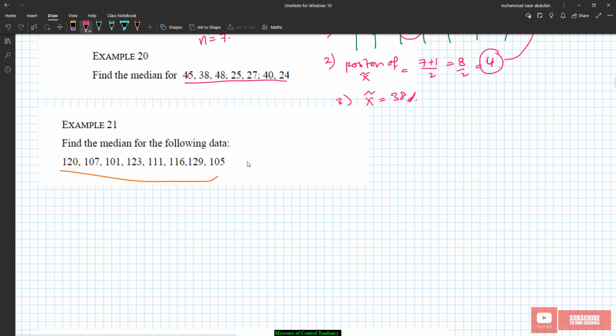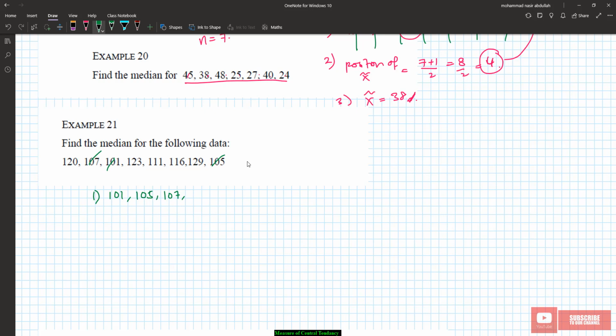So let's look at example number 21. It's the same procedure. First step, we need to arrange the data in ascending order. The smallest value is 101. Correct me if I'm wrong. I have never seen anything smaller. 101, 105, 107. This is already done.